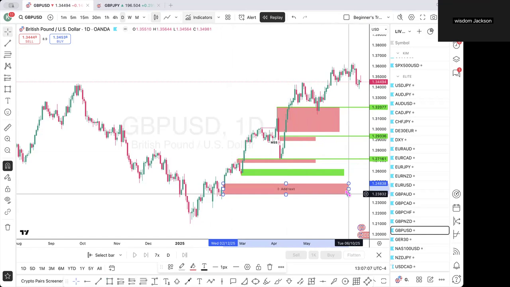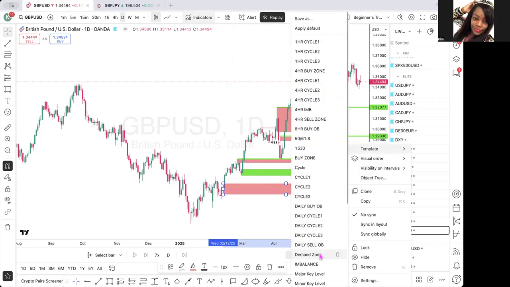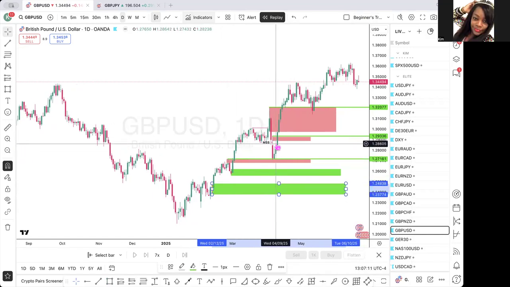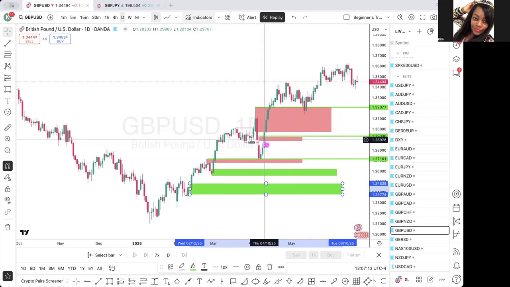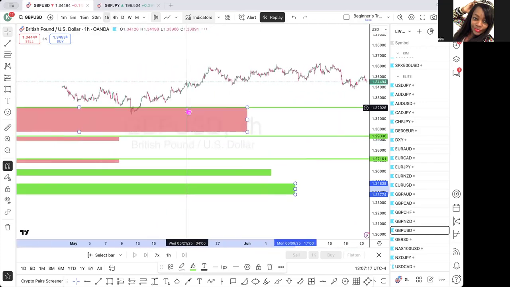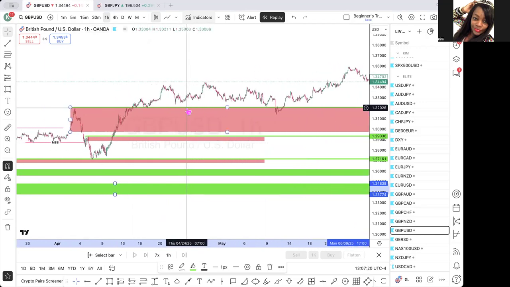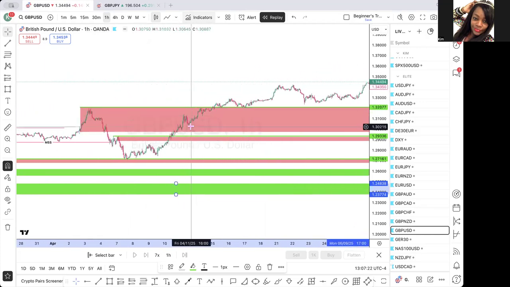Okay. But when price started pushing up, and we're going to go down to the 1 hour, when price started pushing up, you would have to see a structure shift in this zone for price to start selling back down.